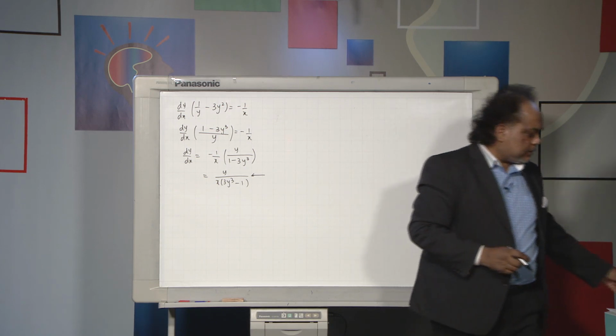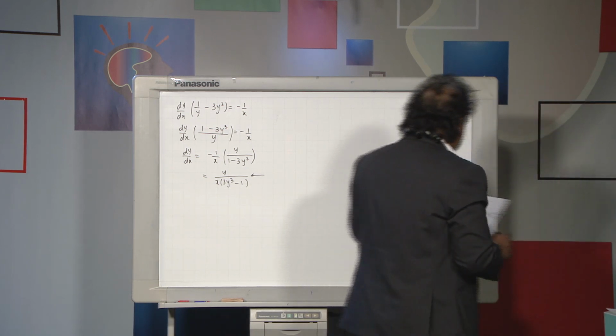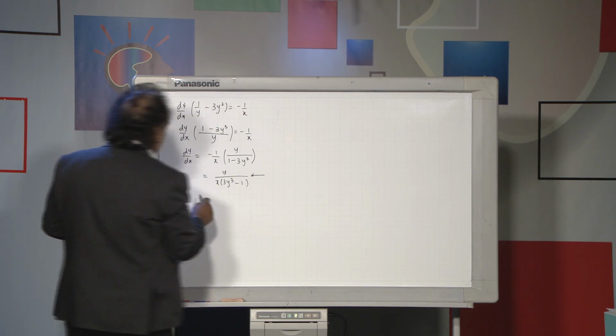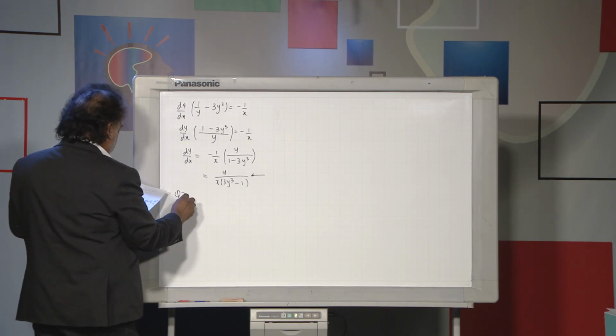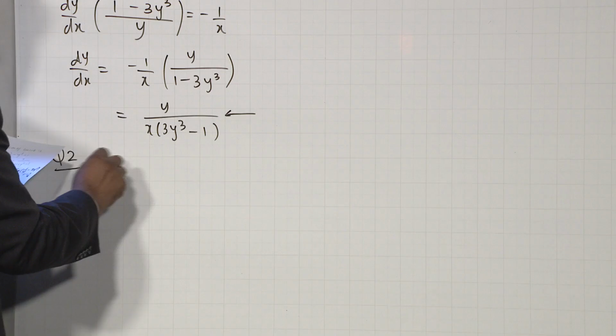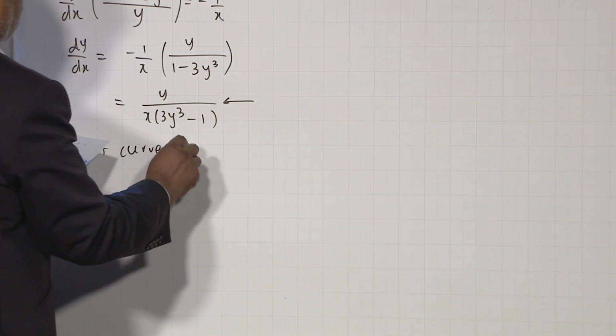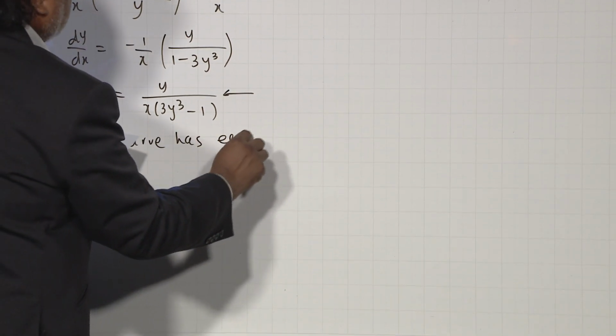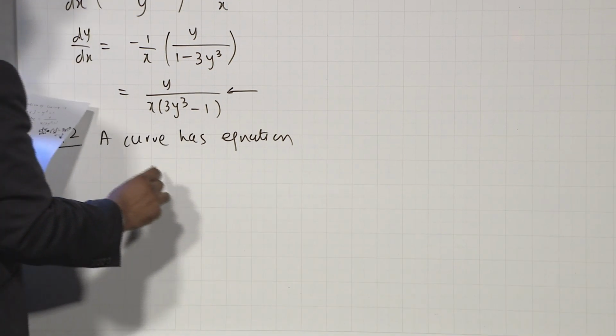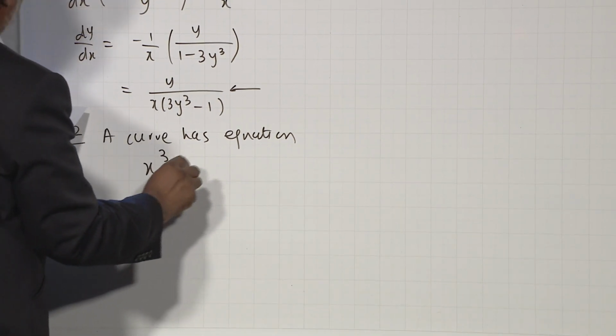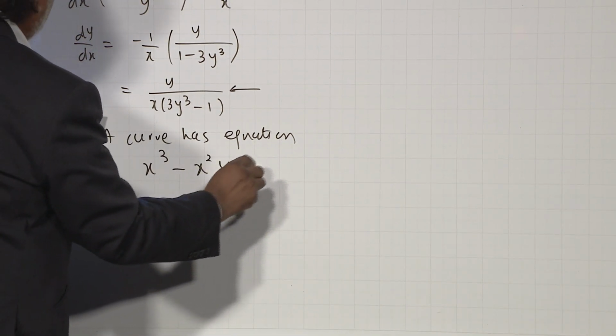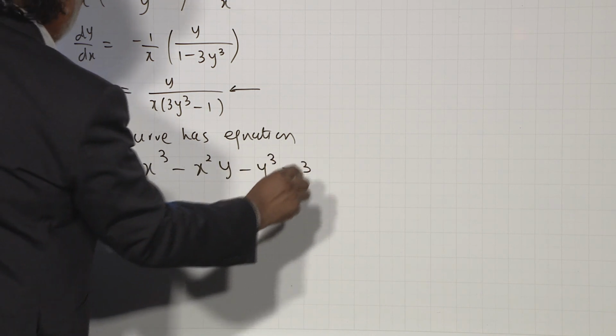We'll take a second question. A curve has equation x cubed minus x squared y minus y cubed equal to 3.